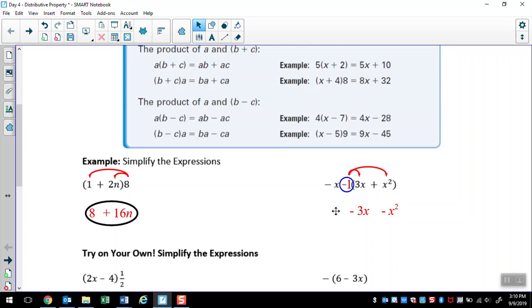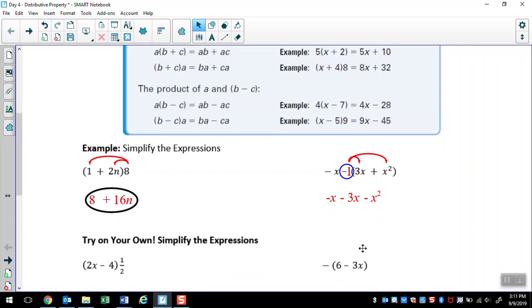We're just going to bring him down. All right, we have now distributed. And at this point, that's where we would stop with distributing. Now I can put these together. We're going to stop at that point because right now we're just practicing how to distribute. At the bottom, we'll look at what would be our next step here.